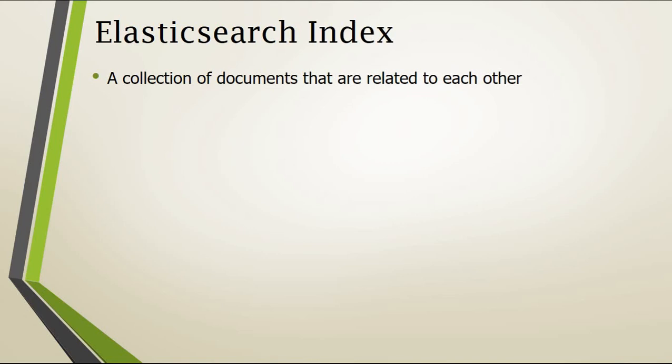And Elasticsearch index. So basically, an Elasticsearch index is a collection of documents that are related to each other. So these documents are stored in JSON format. So I will show that to you during my demonstration.